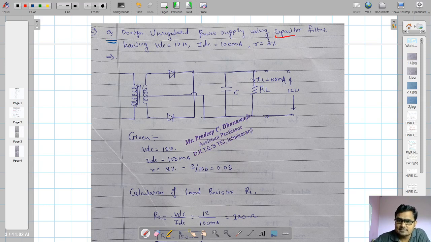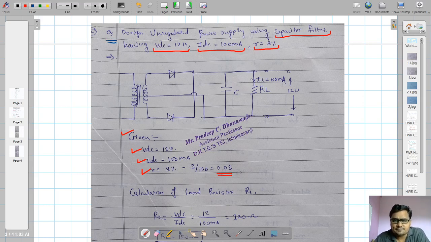The given data is DC voltage 12 volt, IDC 100 milliampere, and ripple factor 3%, which means 3 divided by 100, equal to 0.03.